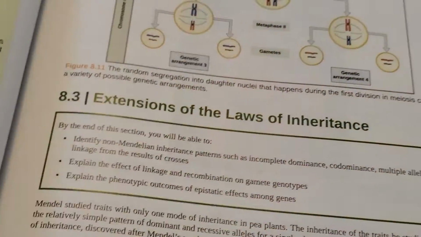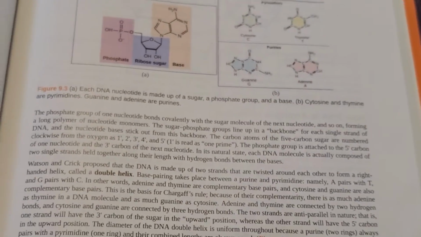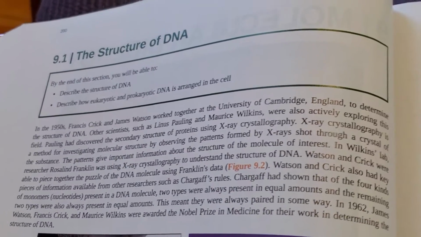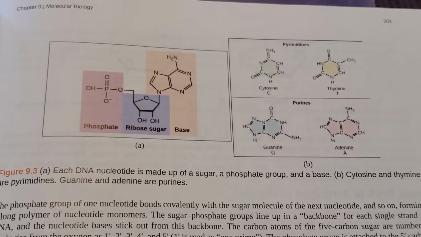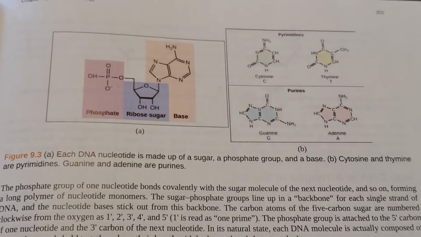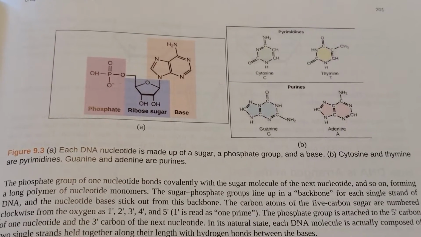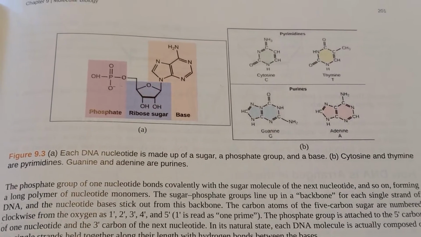And we are in Unit 3. And I wanted to talk about section 9.1, the structure of DNA. In the textbook, it's page 201. And so we're thinking now about a pretty hard topic, the structure of DNA. What's the molecular structure? And we just touched ever so briefly on chemistry at the very beginning.